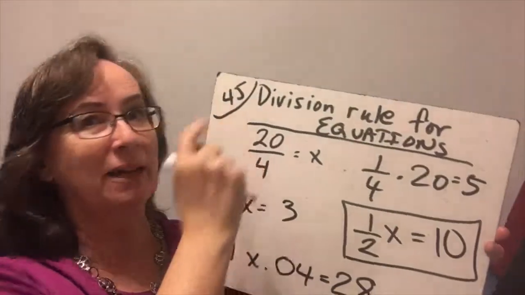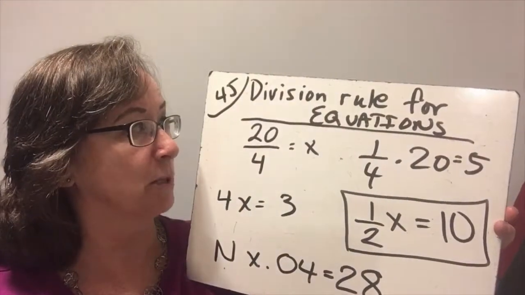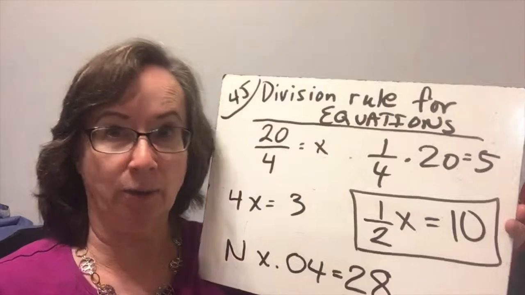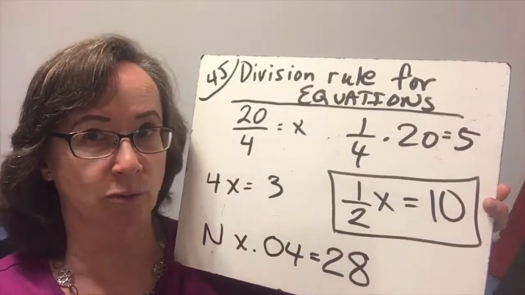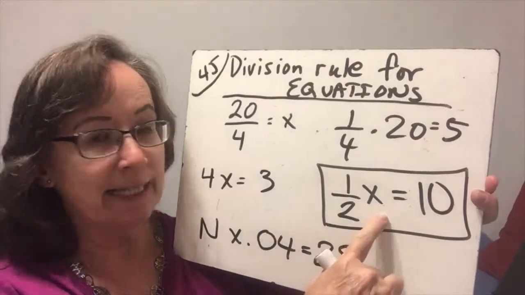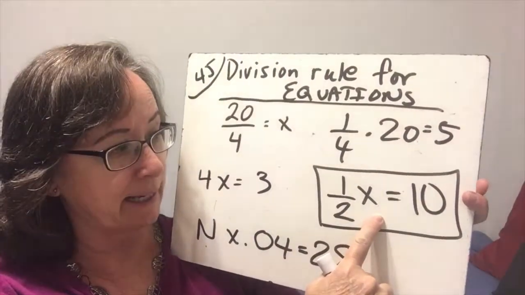And today we are in lesson 45 of your blue books, division rule for equations. Now, we have recently talked about the multiplication rule for equations, which basically helps us to solve something like this.